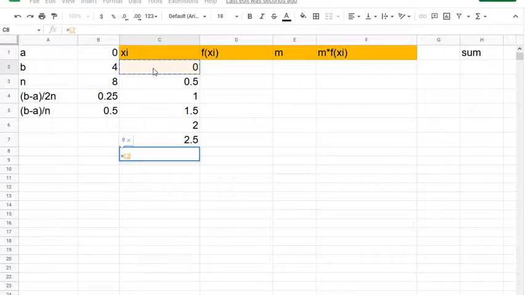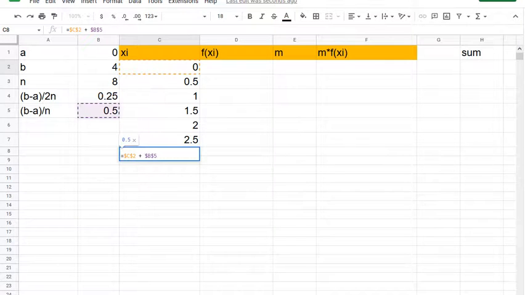If we want to keep this cell right here, cell C2, constant, then what we need to do is put the dollar sign in front of the C and the 2. And then we want the delta, which is in cell B5, to remain constant too. So it would be dollar sign B, dollar sign 5.